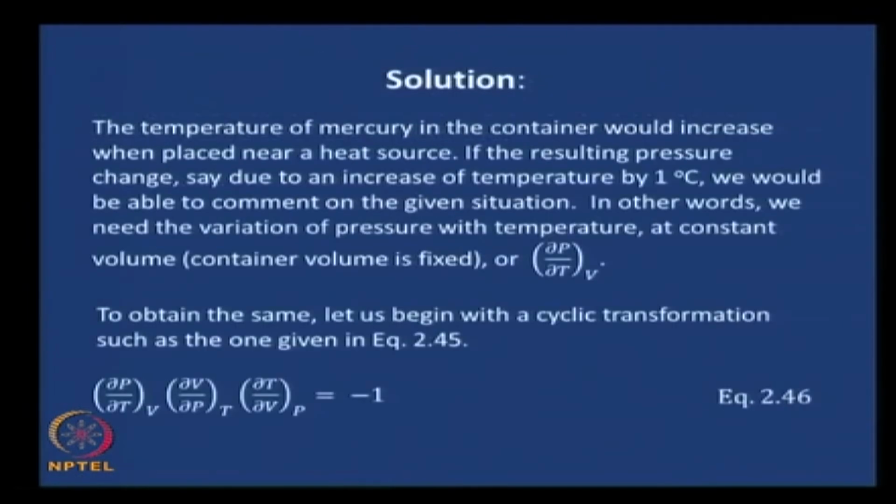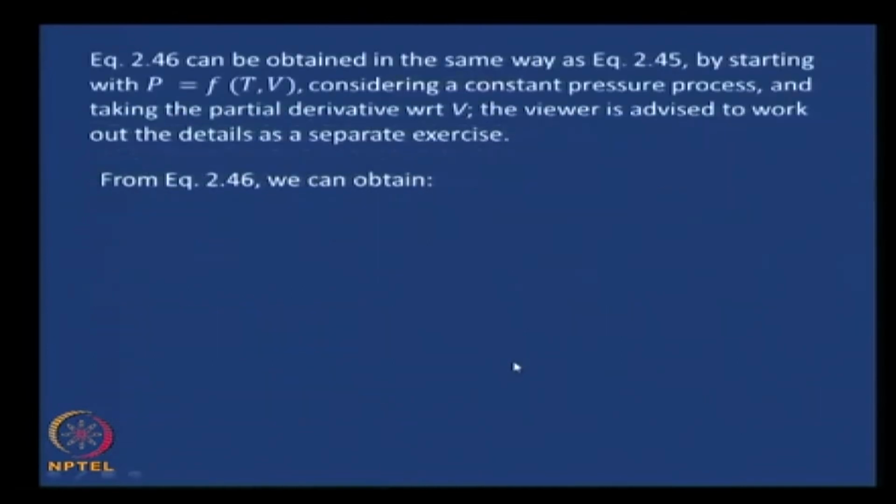This equation 246 can be obtained in the same way as equation 245 by starting with pressure as a function of temperature and volume, considering a constant pressure process and taking the partial derivative with respect to V. Although I say here as a separate exercise, you take time now and work things out. It will be good to have a complete package there.